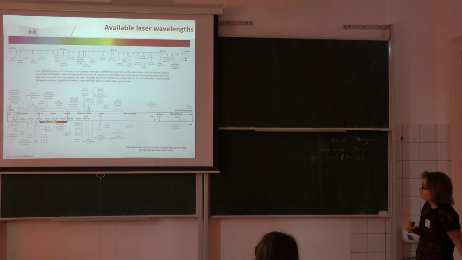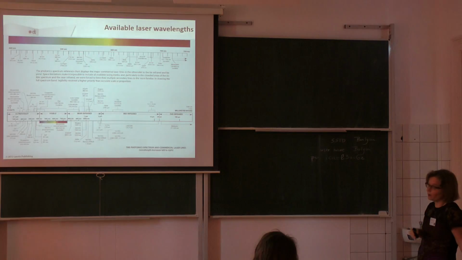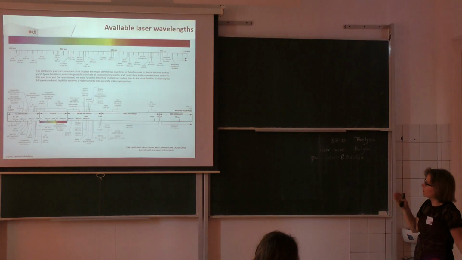I just give you here, again, a very rainbow-colored figure that shows you that if you know what wavelength you want your laser light at, you can choose a specific material that will amplify that bandwidth.